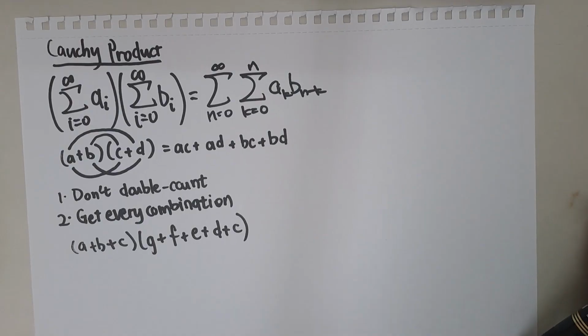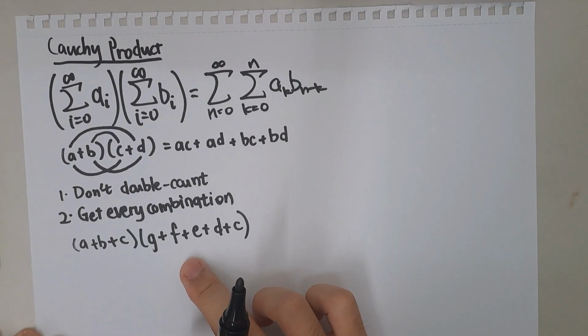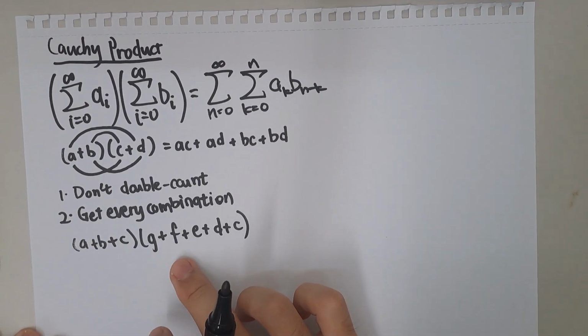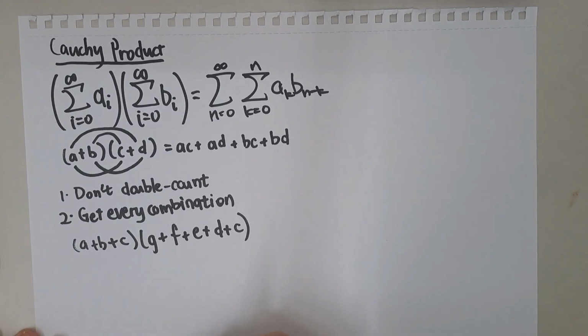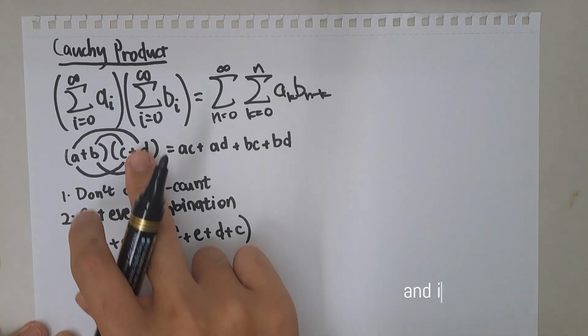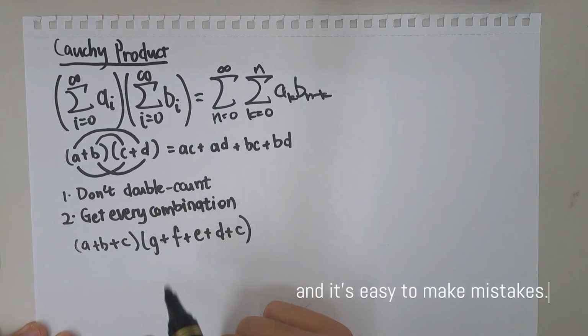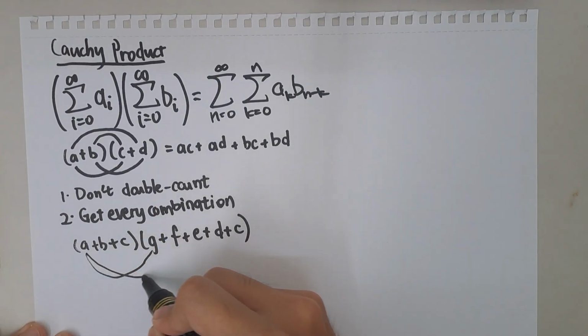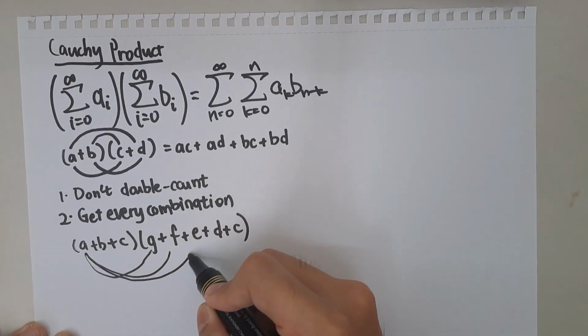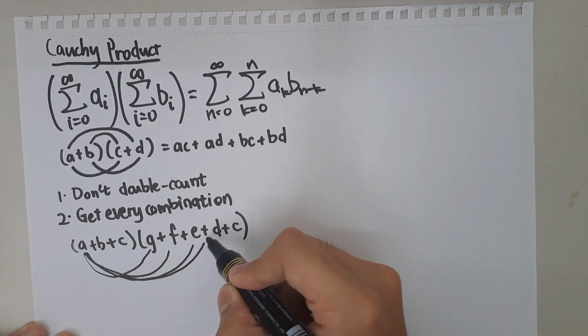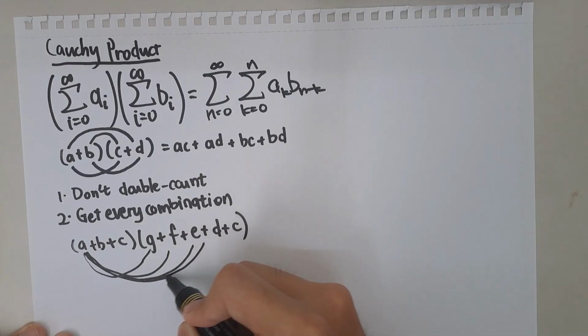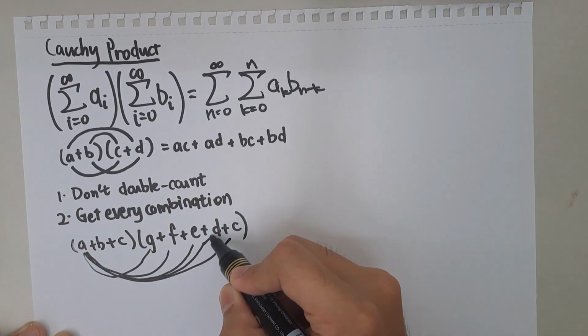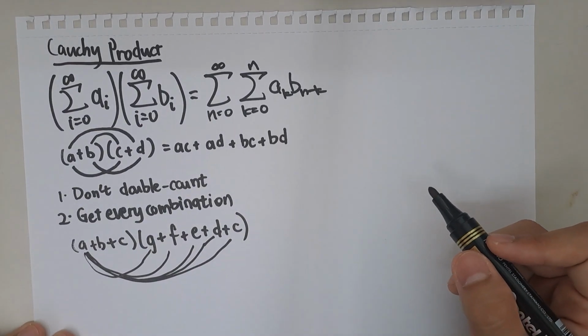Yeah, so over here we expect to get 15 different terms, and that's a lot of lines you have to draw if we're gonna try to match all the terms from the first sum with all the terms from the second sum.